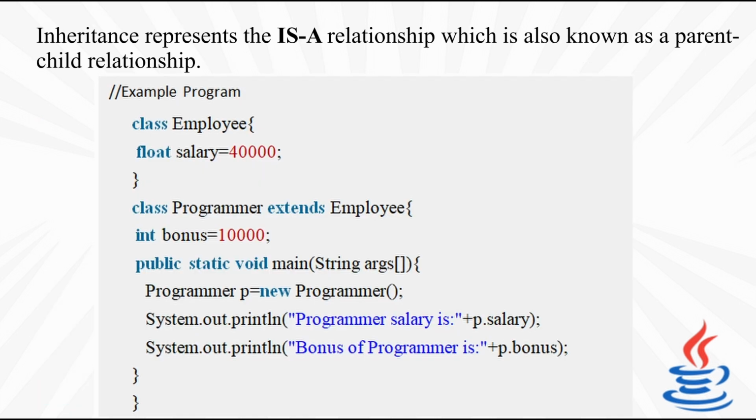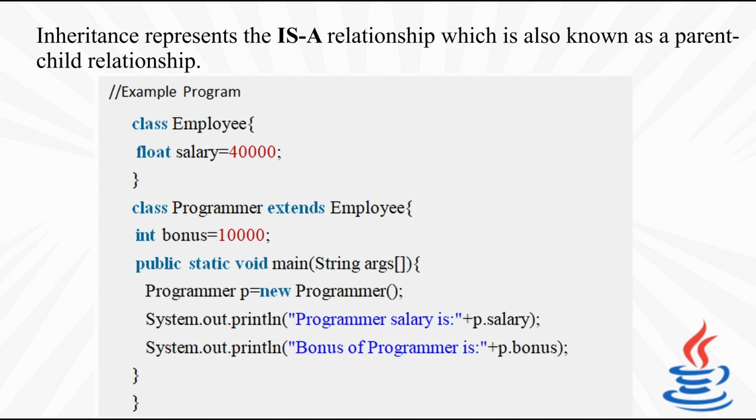The extends keyword indicates that you are making a new class that derives from an existing class. The meaning of extends is to increase the functionality. In this example, the class Programmer extends class Employee. So, the value of salary is also available in the child class.